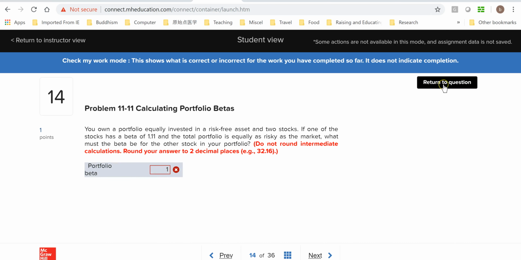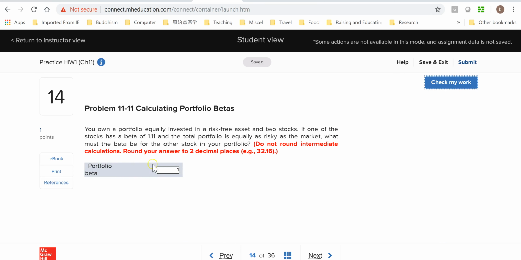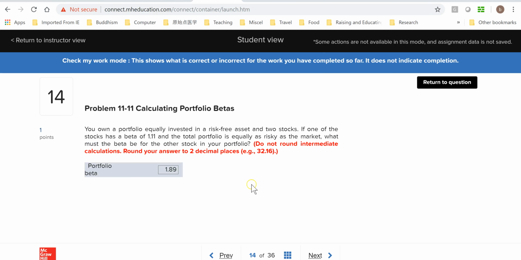The number should be here because it's asking for the beta for the other stock. So we need to enter 1.89 rather than the portfolio beta. It is not the portfolio beta, it is the beta for the other stock. Okay, all right, so now this is correct.